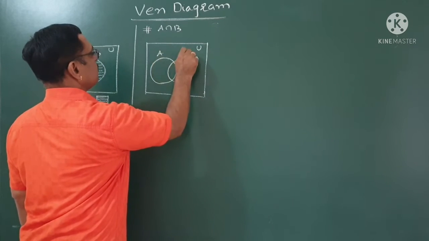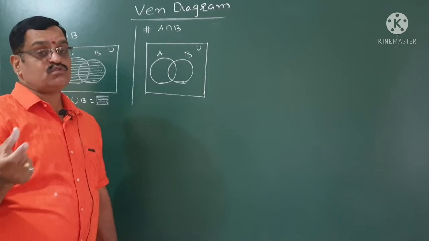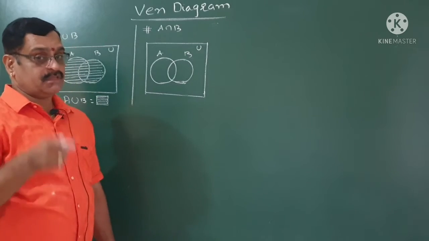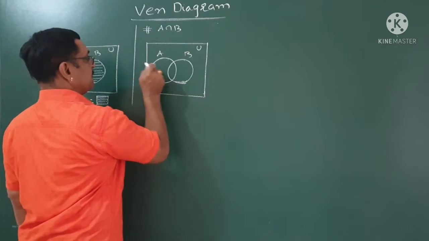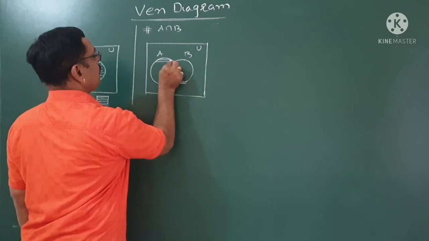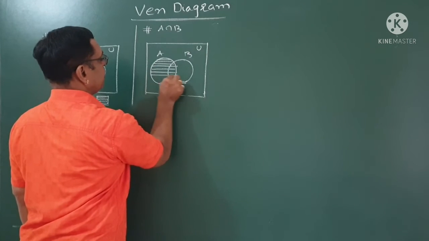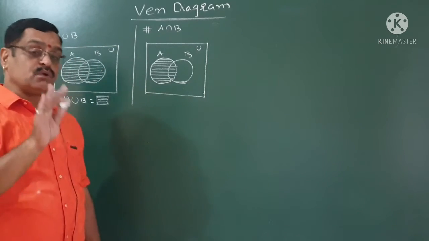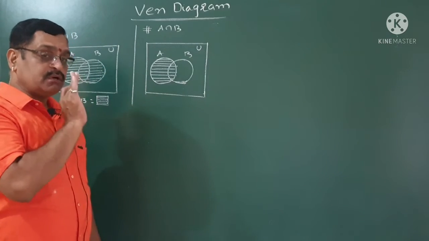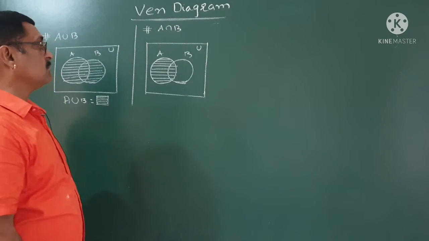Now I want to show the intersection of the two sets in the diagram. For this, I shade A with horizontal lines. Of course, you can use vertical lines or slant lines also. That's up to you. But you have to use only one type of lines.